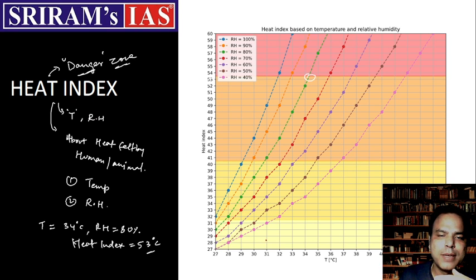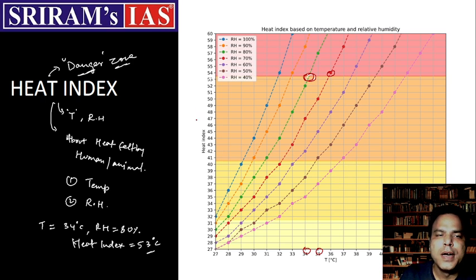For example, if the temperature is around 34 degrees Celsius but the humidity is high, around 80%, the temperature felt by the body will be around 53 degrees Celsius. Similarly, if the temperature is 35 degrees Celsius and humidity is more than 80%, the temperature felt is around 54 degrees Celsius.